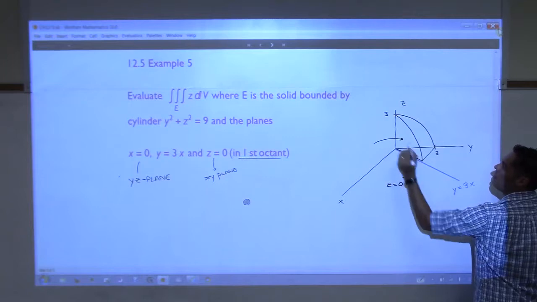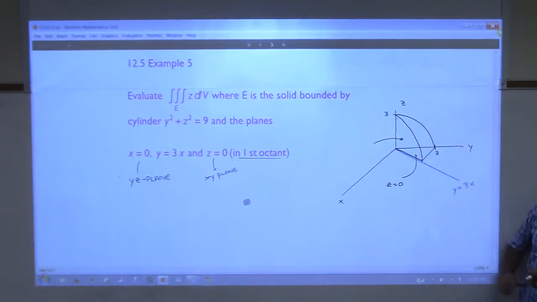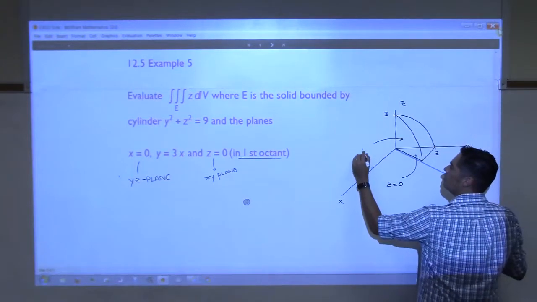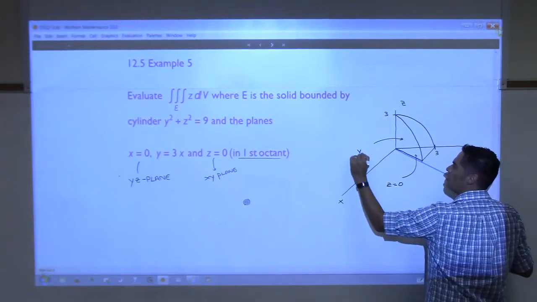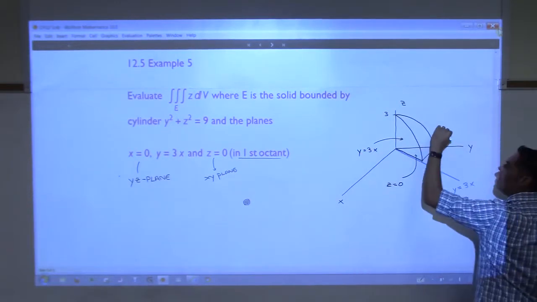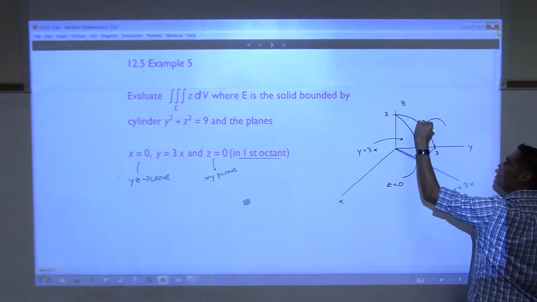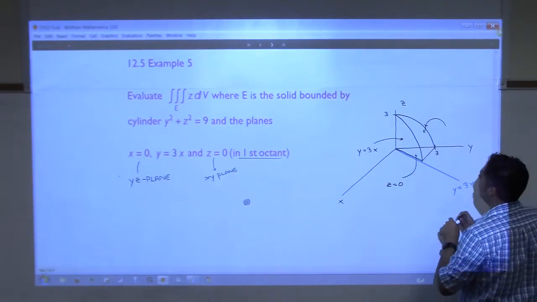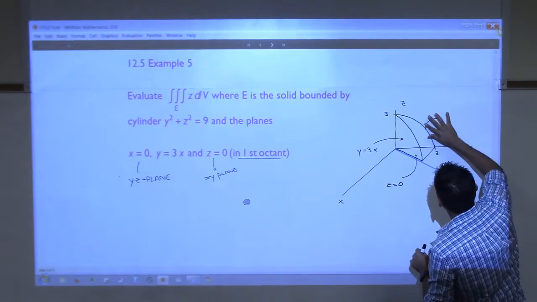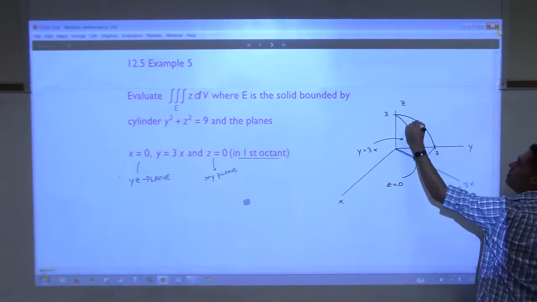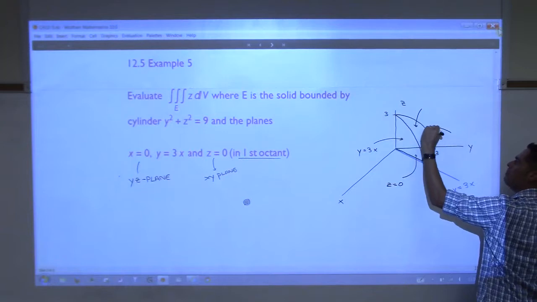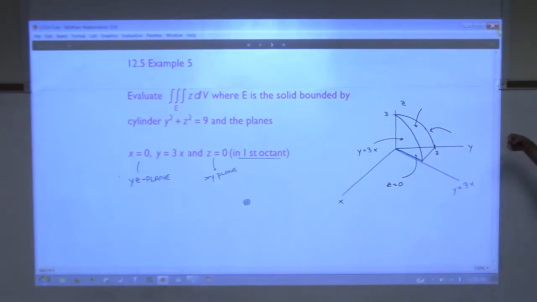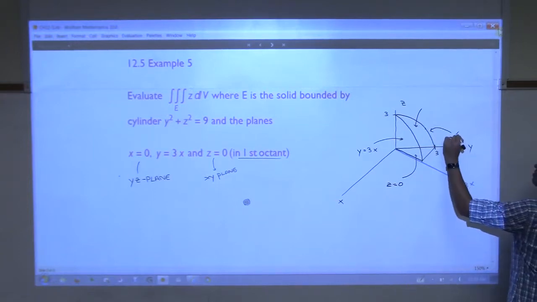This side piece right here is another plane. What's the equation of that plane? y is 3x. Now the back side of this thing, how do I draw it? Because look, this piece right here is something, but the back side of that is something else, right? So what's that back side? x is 0.